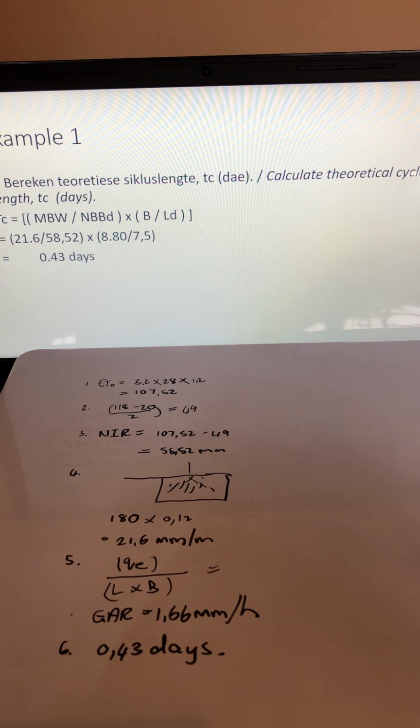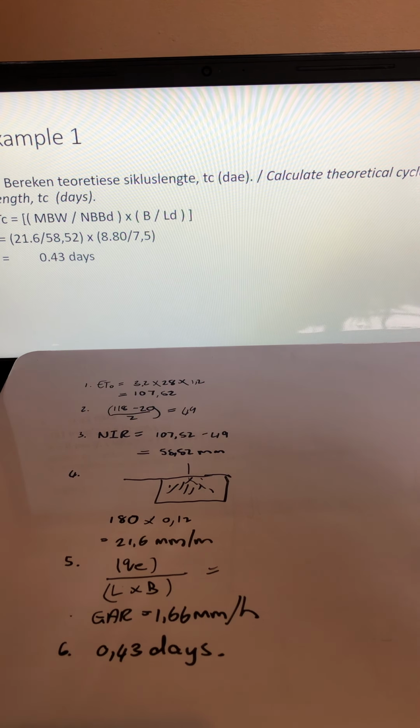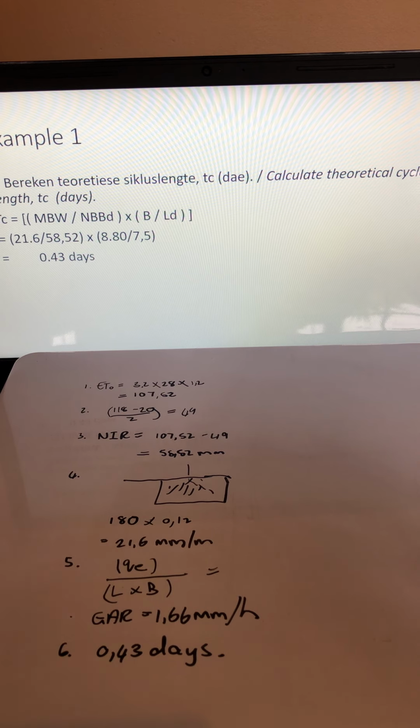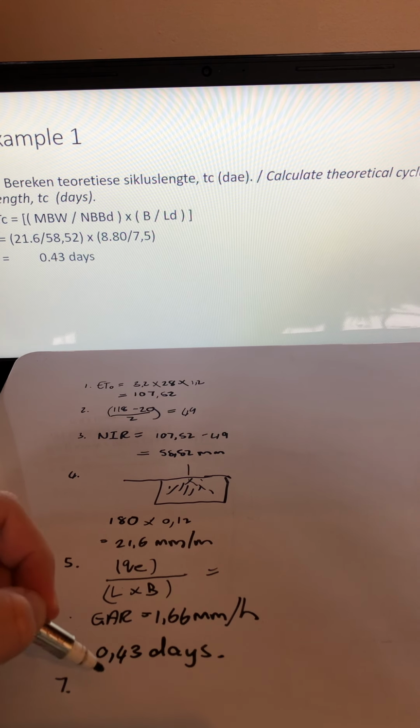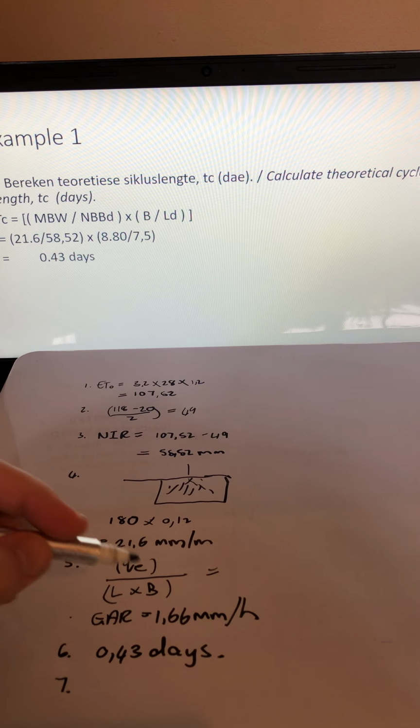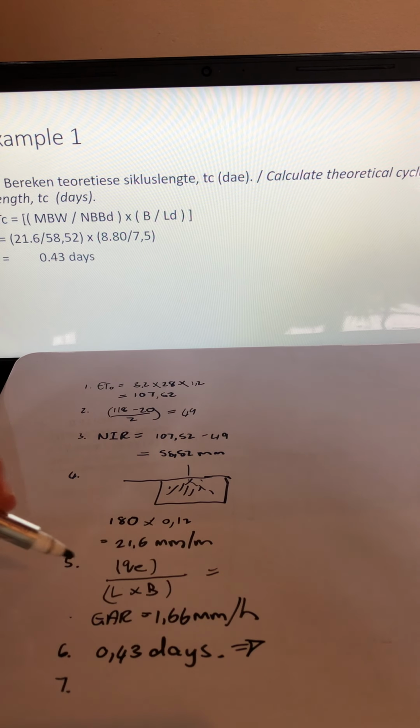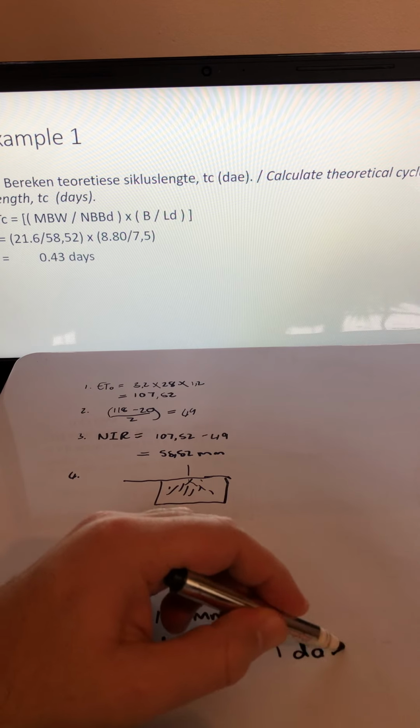If you're going to practically irrigate an orchard on a farm, irrigating in an 8-hour day, calculating the whole time, your cycles won't be effective. So instead of irrigating once every 0.43 days, you will look for something more practical. And so for practical cycle length, you can convert this into 1 day.